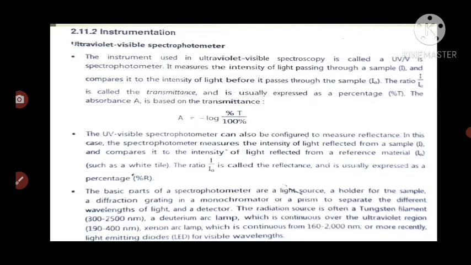The intensity ratio I upon I naught is called the transmittance, and it is usually expressed as a percentage, percent T. Absorbance A is based on the transmittance, and A is equal to minus log of percent T divided by 100.